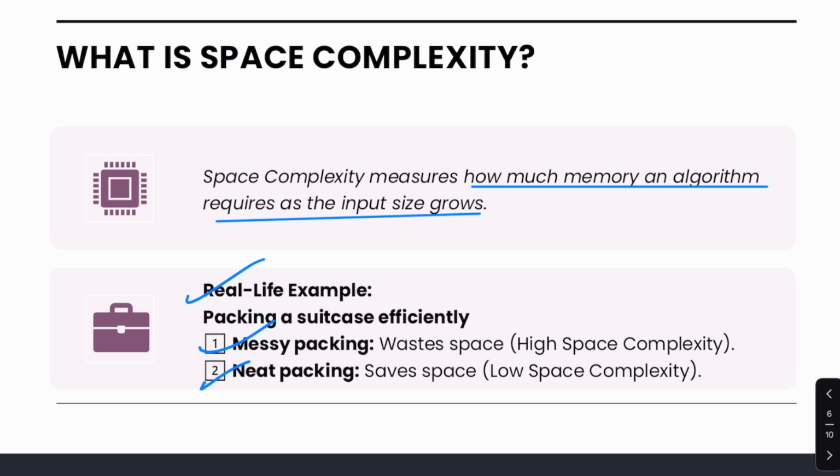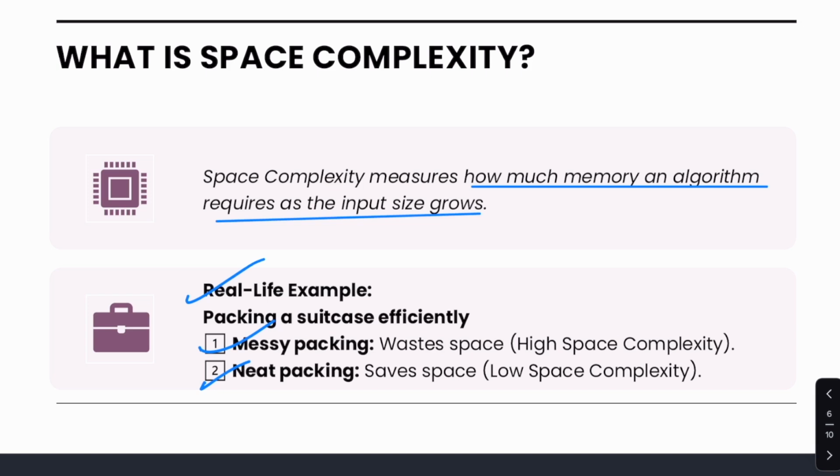In programming, bad memory usage can slow down your applications or they might crash. The same thing happens when a programmer uses too much memory. So that is the one thing you have to remember.